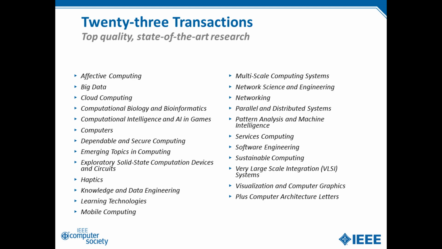The transactions contained in the CSDL are intended to be more state-of-the-art research papers, top quality, and as you can see, there are some very broad transactions, such as software engineering in terms of the topic covered, and more focused transactions, such as haptics.